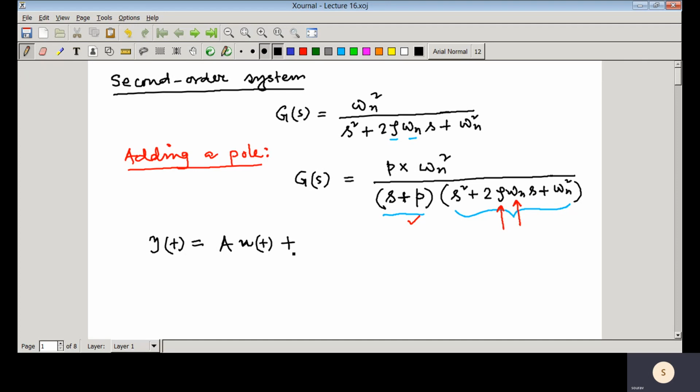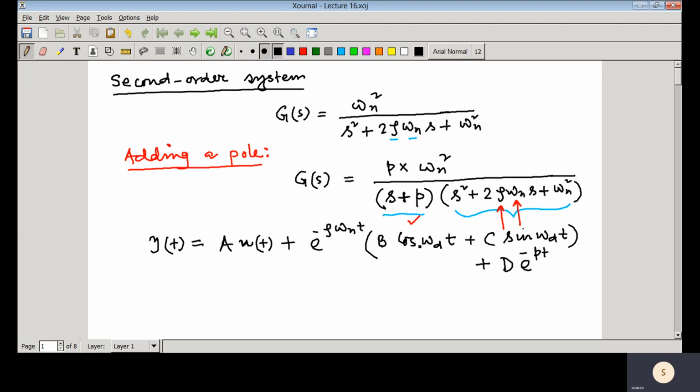The expression is A u(t), the u(t) being the step input, and then we have e to the power minus zeta omega n t, B of cos omega d t plus C of sine omega d t, plus there is a term D e to the power minus p t.